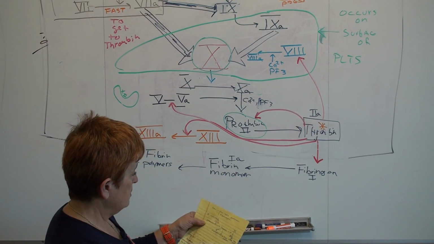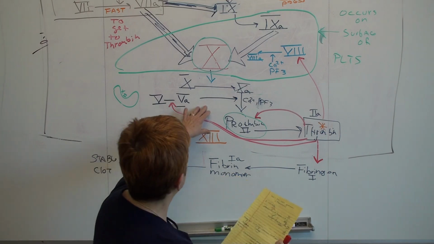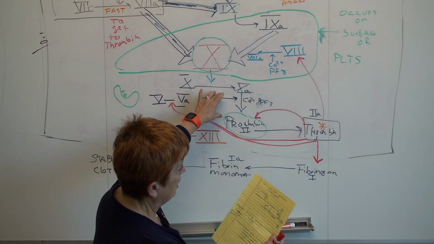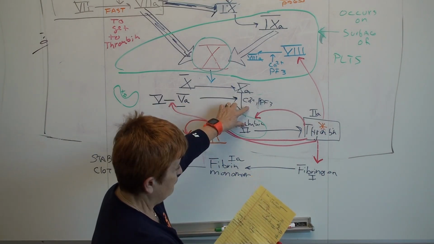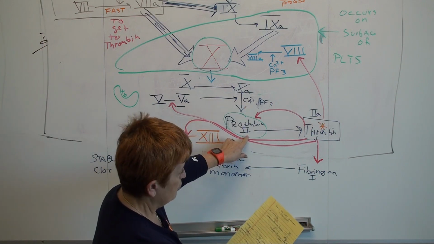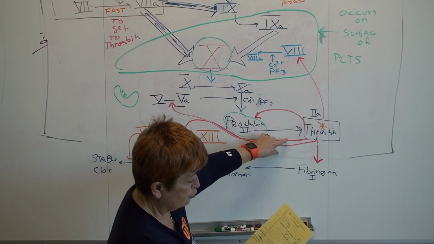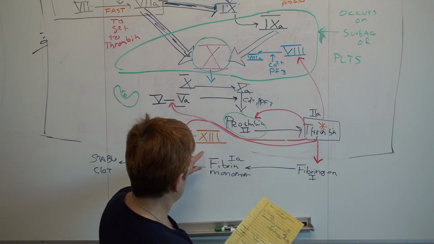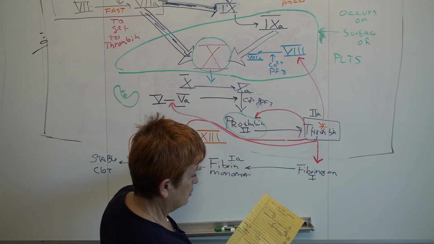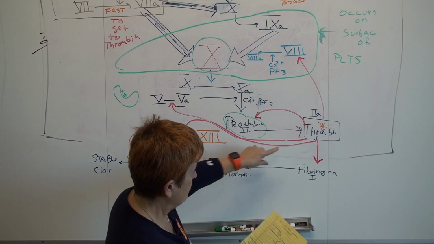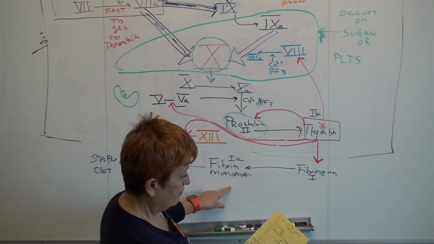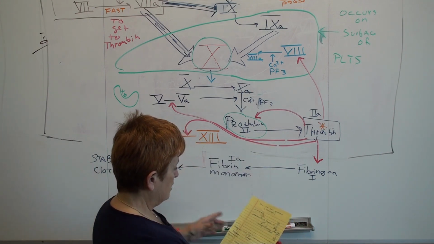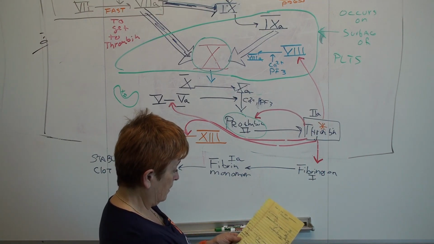All right, so let me make sure I make this right. 10 to 10A, calcium, platelet factor 3, prothrombin to thrombin. 13 is here, thrombin works on 13 to 13A, thrombin works on fibrinogen, fibrinogen to fibrin monomers. Excellent. Okay.